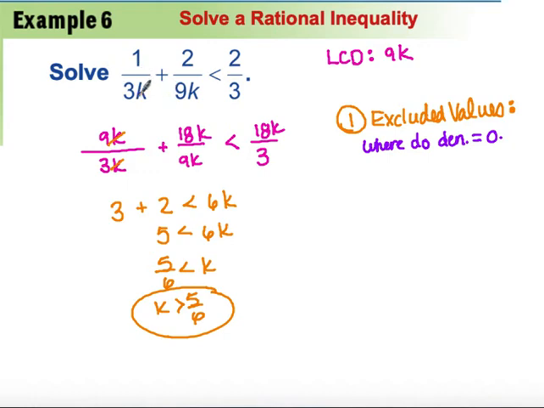If I look here, 3k would be equal to 0 at 0. 9k is equal to 0 at 0, and 3 can't be 0. So k cannot equal 0. All right, so once I've solved and found my excluded values, I'm going to put all of these on a number line.